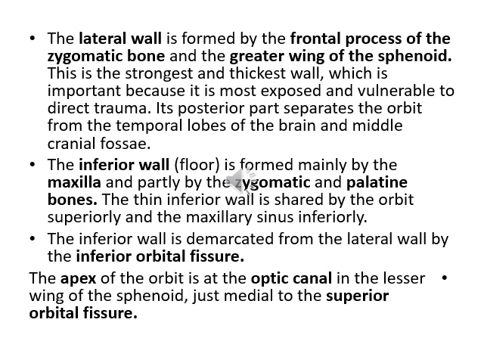The medial wall contains the thinnest bone in the orbit, while the lateral wall contains the strongest and thickest bones in the orbit. The posterior part of the lateral wall usually separates the orbit from the temporal lobe of the brain and the middle cranial fossa.